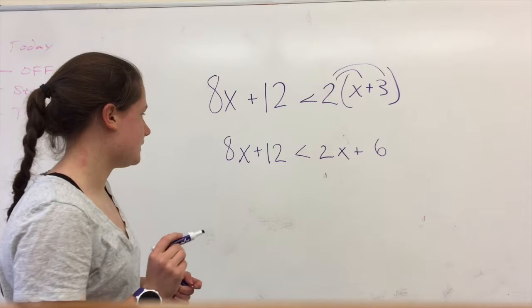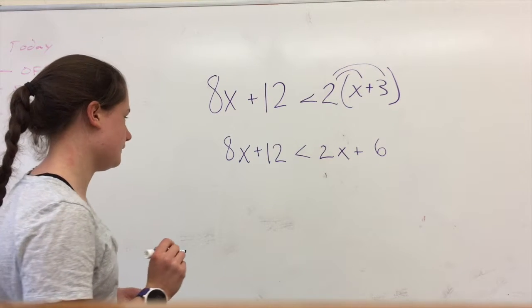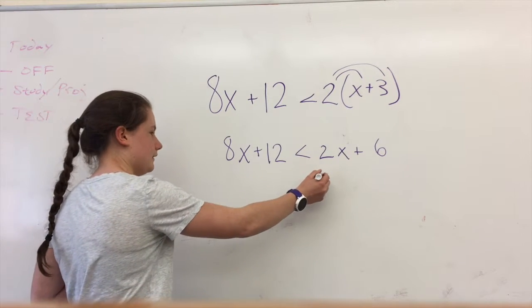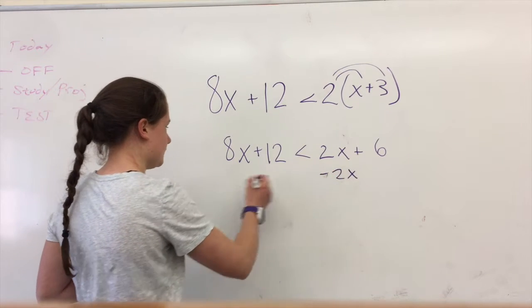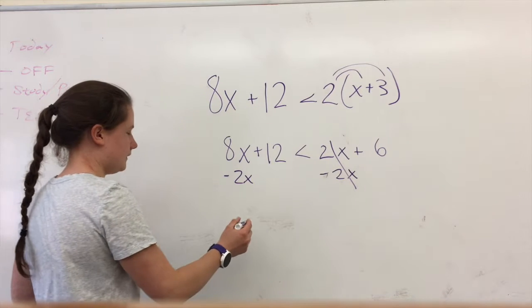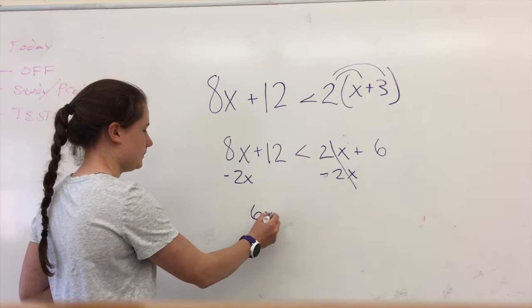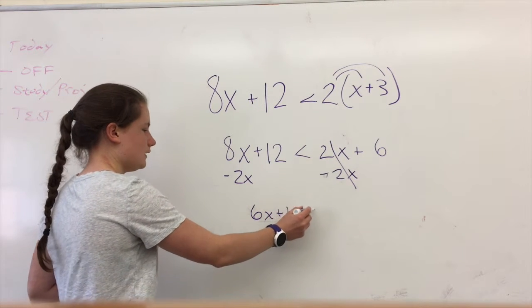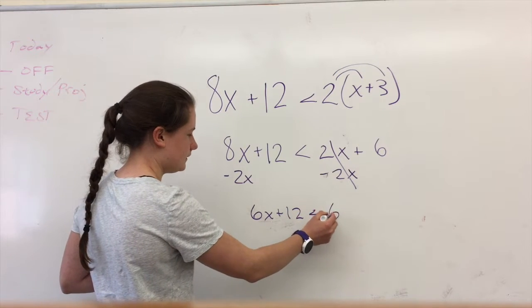And then we need to isolate the x, and we can do this by subtracting 2x from both sides. And this will cancel out, so it will leave you with 6x plus 12 is less than 6.